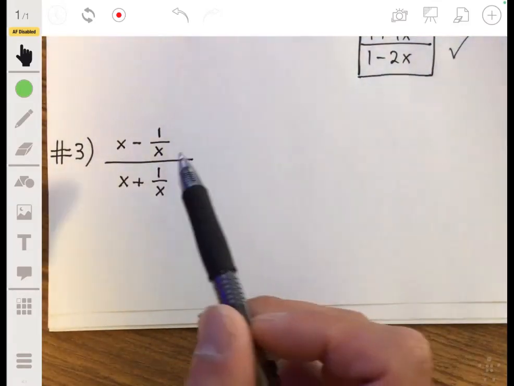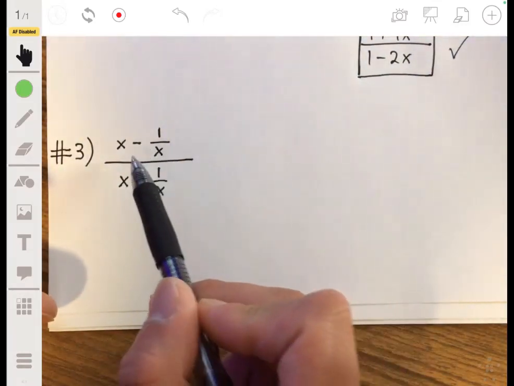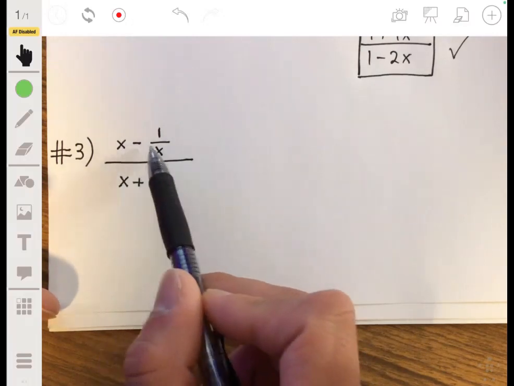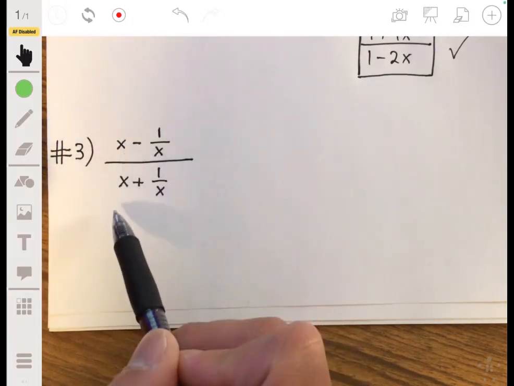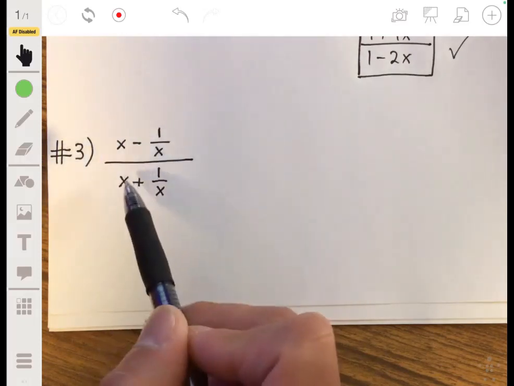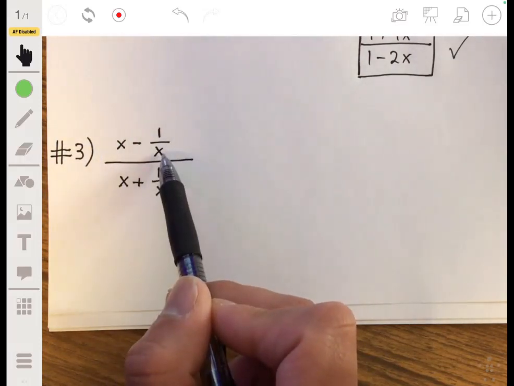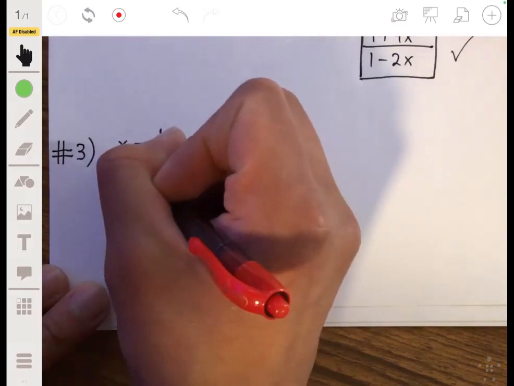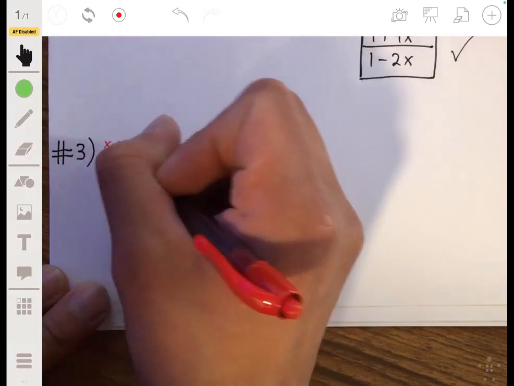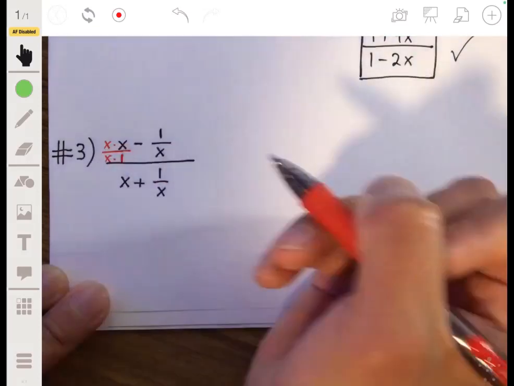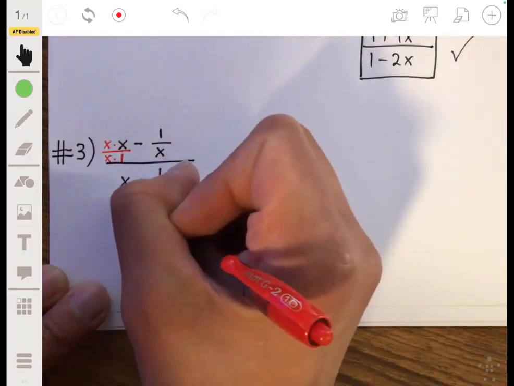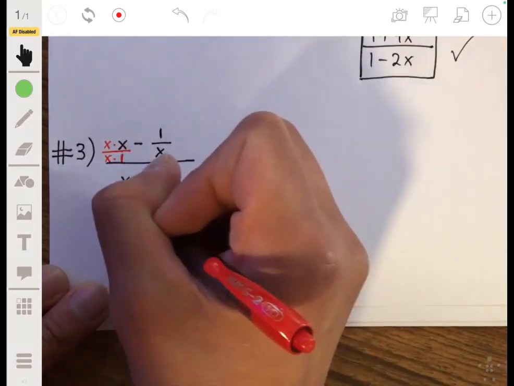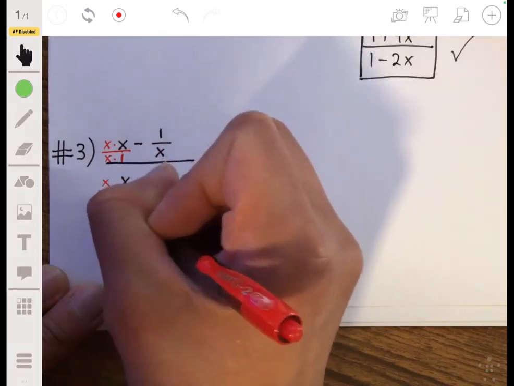And then for number 3, it's very similar to number 2. You're going to make both the top and bottom have a common denominator of x. So we're going to multiply this x, think of it as x over 1, by an x over x again. And multiply this x, think of it as x over 1, by an x over x.